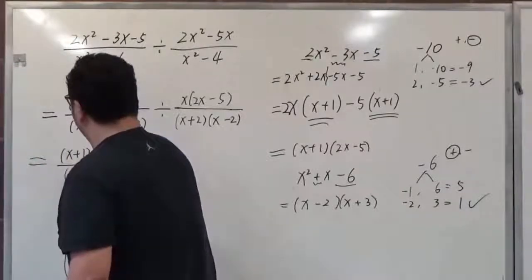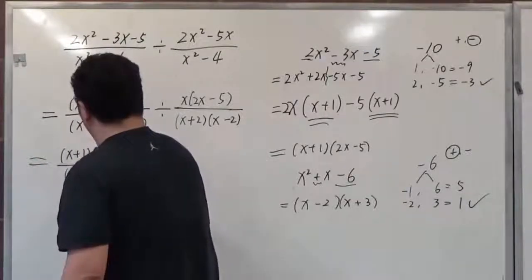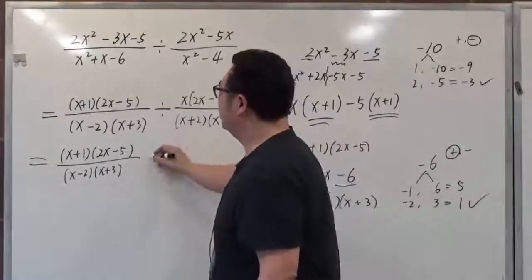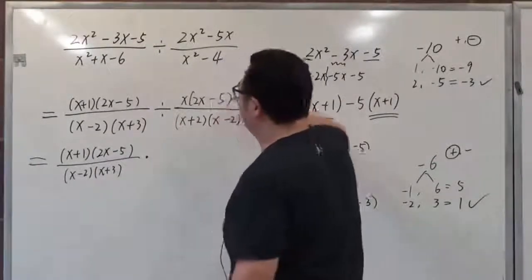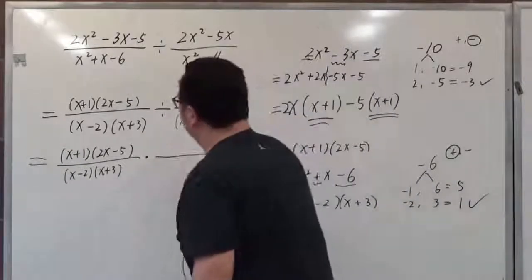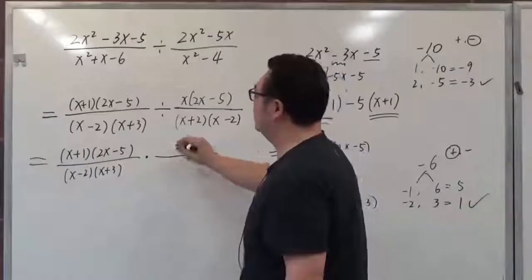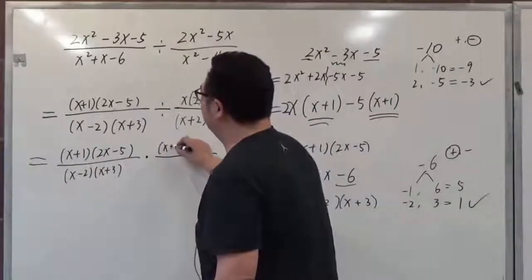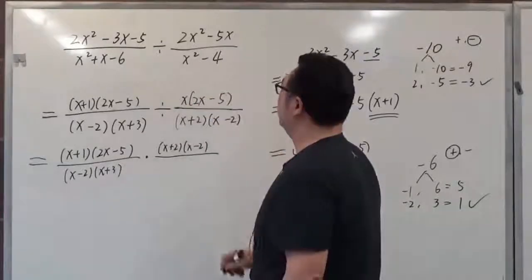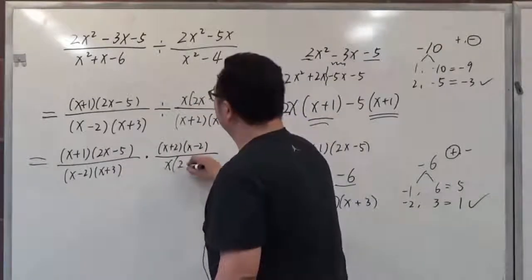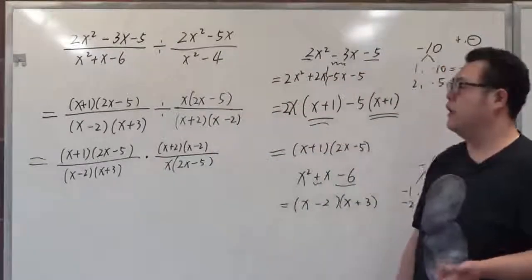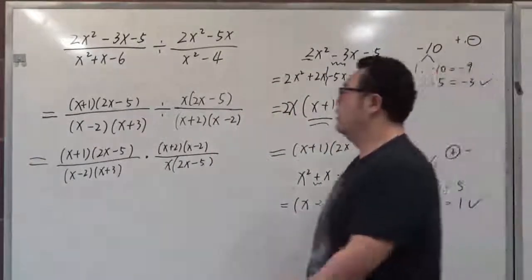We keep the entire first fraction. We change the division into a multiplication, and we flip the entire second fraction. The denominator of the second becomes the numerator, and whatever is on top we put on the bottom. Then we go back to a multiplication problem.